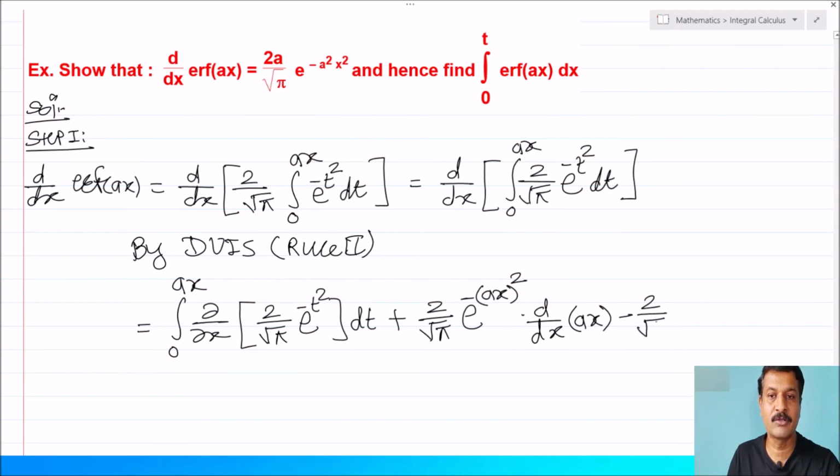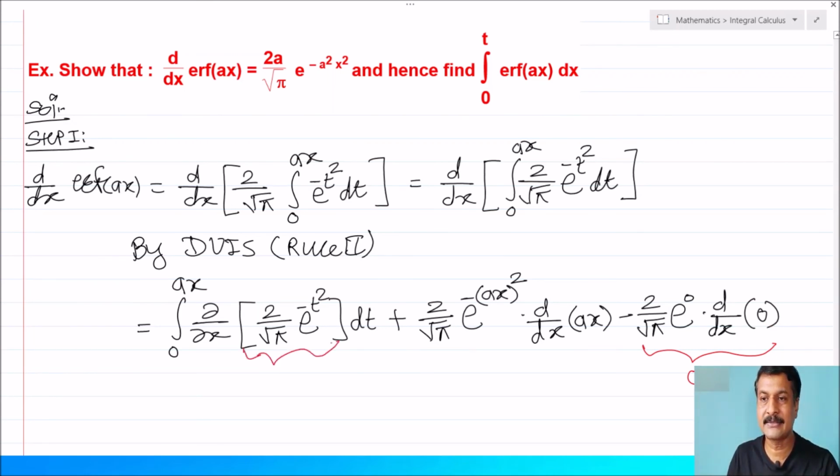So 2 by root pi e raised to minus t, t is 0, that is why e raised to 0, into the derivative of the lower limit. Definitely this term will become 0 because d by dx of 0 is 0. Also, the integrand does not contain x, and therefore the partial derivative with respect to x is nothing but 0 here.